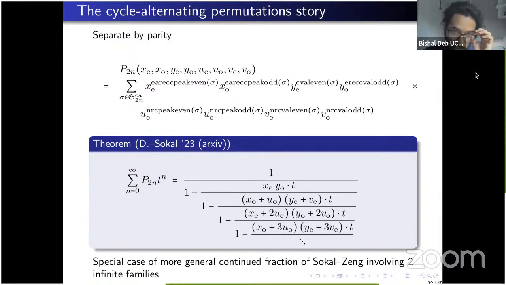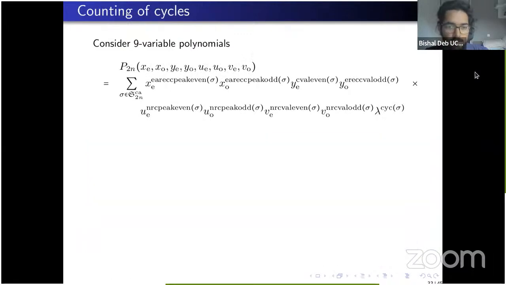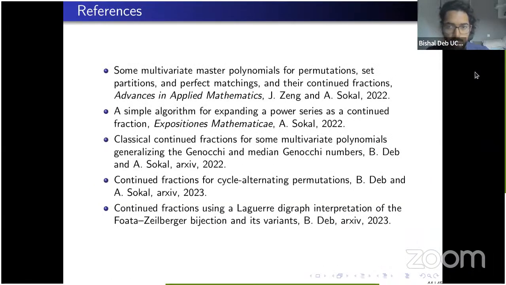We have not explored that aspect, but there is the paper of Jiang Zeng and Sokal, sorry, Sokal and Zeng, the order should be switched.